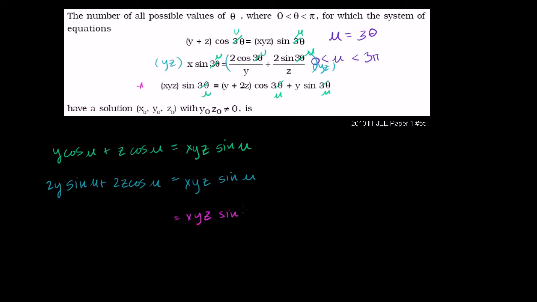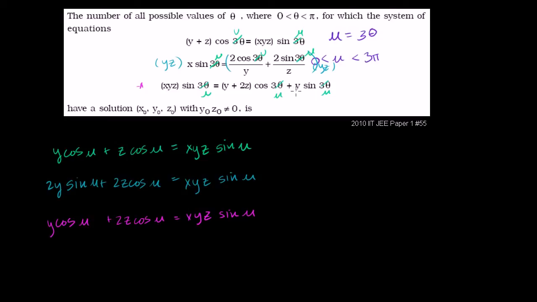xyz sine of u is equal to, let's see, we have a 2z. Let's distribute this cosine of u. We have a 2z cosine of u, plus y cosine of u.